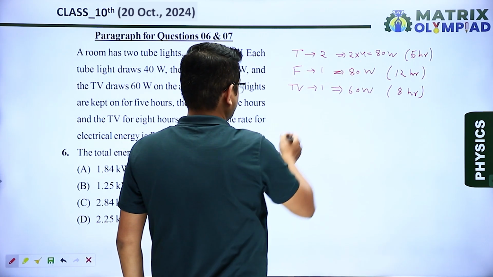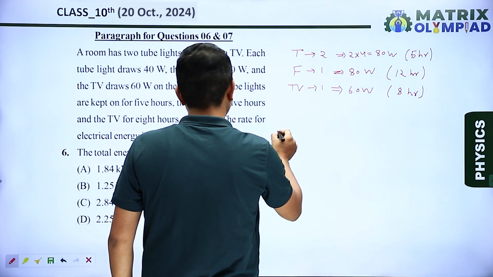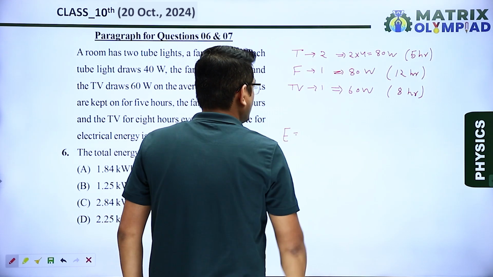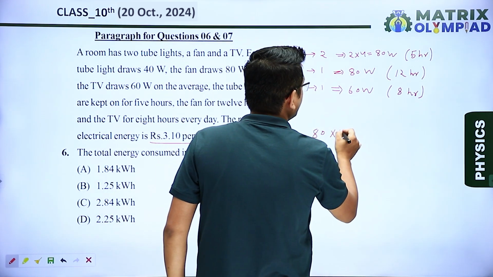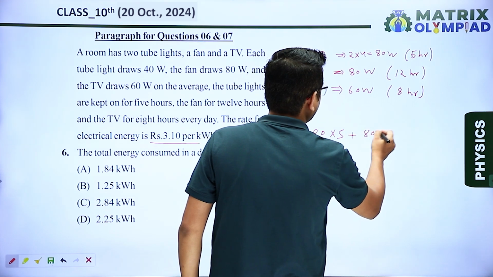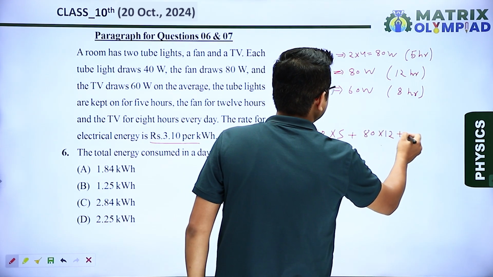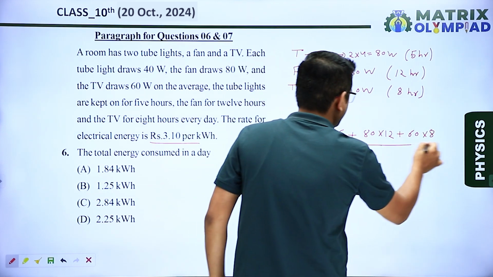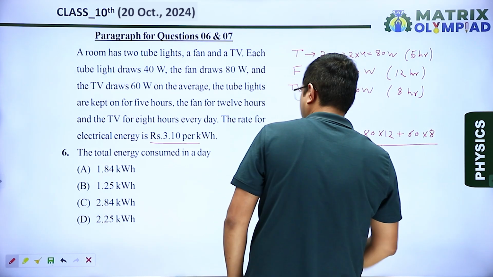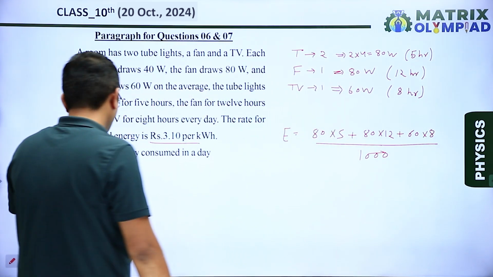So we know that total energy consumed, let's say total energy I am writing by E, will be 80 multiplied by 5 plus 80 multiplied by 12 plus 60 multiplied by 8, divided by 1000, because we have to find the energy consumed in kilowatt hour.